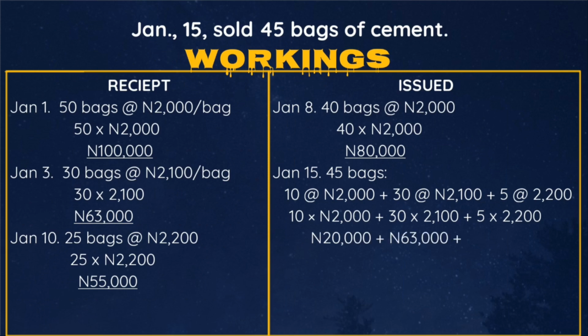While 5 times 2,200 will be 11,000 naira. 20,000 naira plus 63,000 naira plus 11,000 naira, that will give us 94,000 naira. There was a mistake. It's 94,000 naira. So the quantity is 45 bags. At what rate? 2,000, 2,100, 2,200, and the value is 94,000 naira.